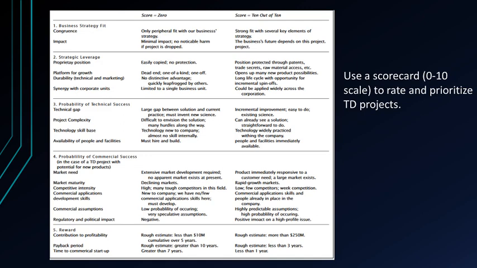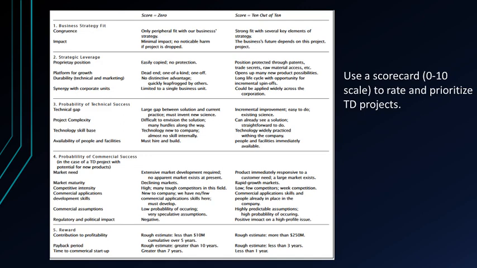Scorecard, score 3: probability of technical success. Technical gap, project complexity, technology skill base, availability of people and facilities. For a score of 0 on the technical gap: large gap between solution and current practice, must invent new science. A score of 0 for project complexity: difficult to envision the solution, many hurdles along the way.